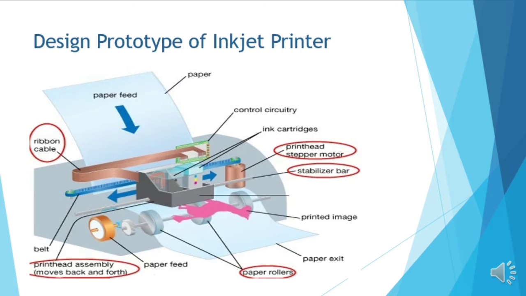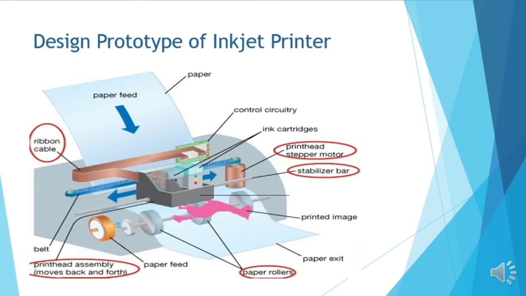The belt is used to attach the print head assembly to the stepper motor. Then the paper feeder tray is to load paper into; it typically snaps open at an angle on the back of the printer to allow paper to be placed into it.